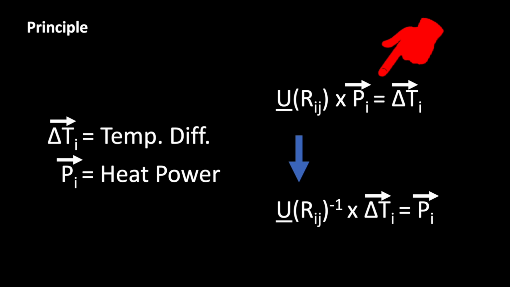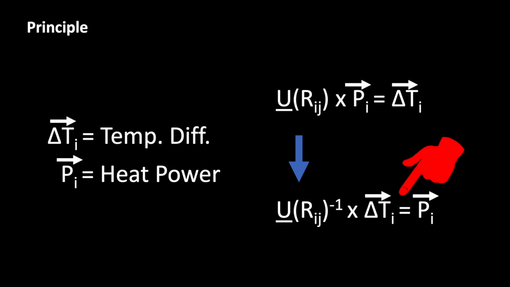The matrix U multiplied by the vector of all heat flows Pi gives the vector of the temperature differences delta T. The inverse matrix of U multiplied by the vector of all temperature differences delta T gives the vector of the heat flows Pi. Don't worry, it just looks easy, but it's about to get complicated now.